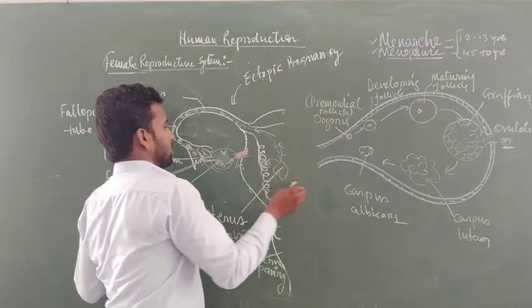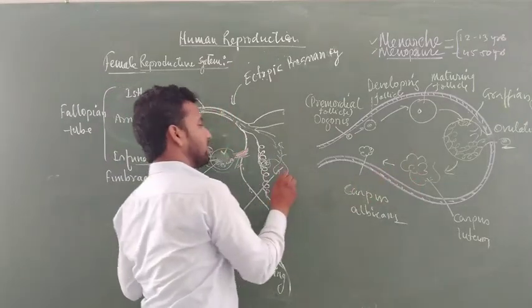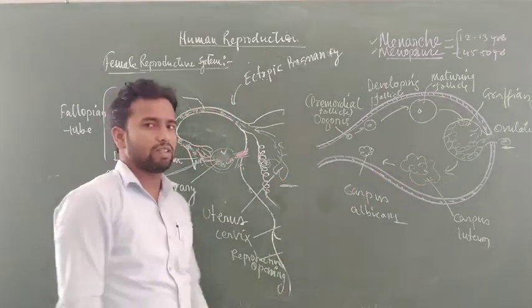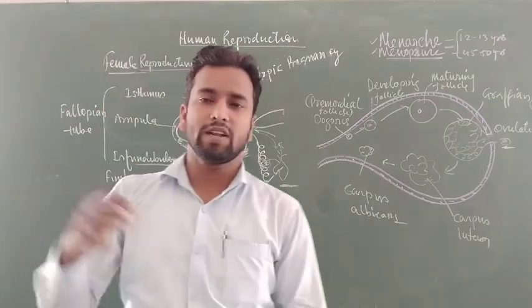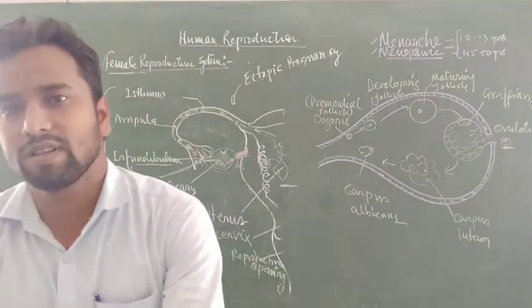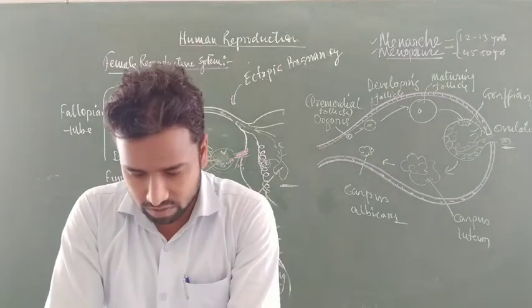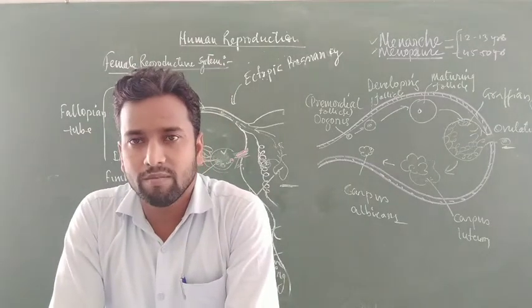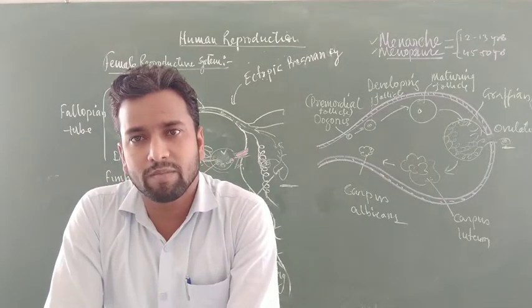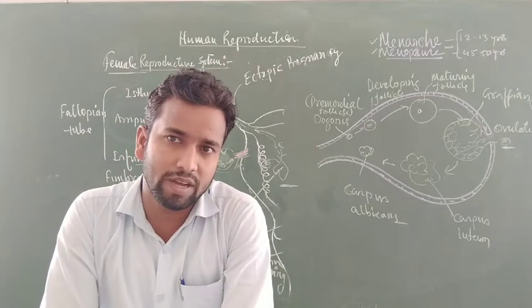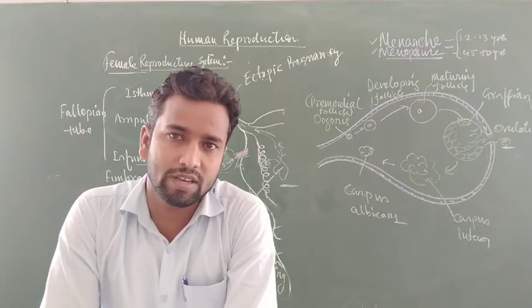In this case, the corpus luteum persists until the birth of the child. It means that during that duration the corpus luteum releases progesterone, and this progesterone maintains the hormonal level there. Due to this, another egg is not produced in this case.